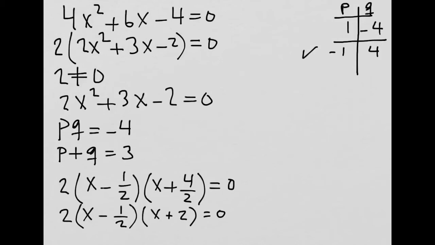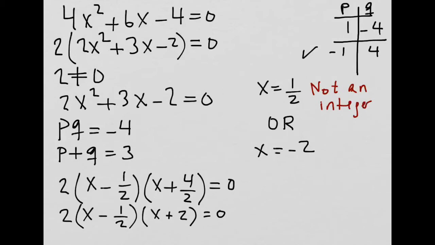Using the zero factor property, we get x is 1/2 or x equals negative 2. However, notice that x equals 1/2 is not an integer.